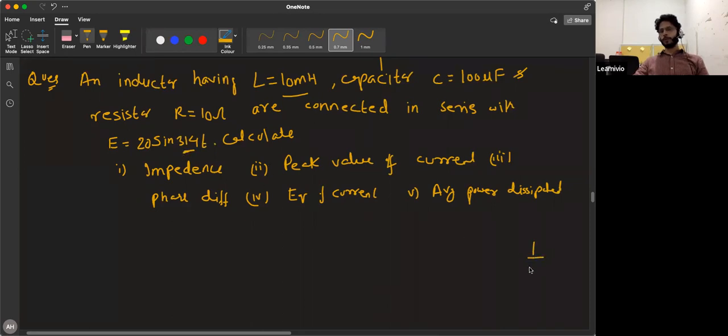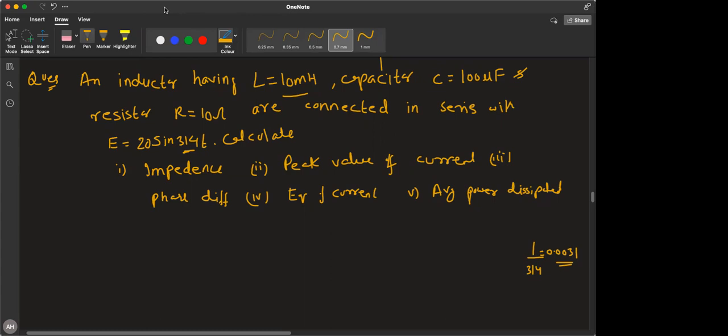And remember, 1 by 314 is 0.0031. This will help your calculations. Do it. First, write the answer of impedance. How much is it?